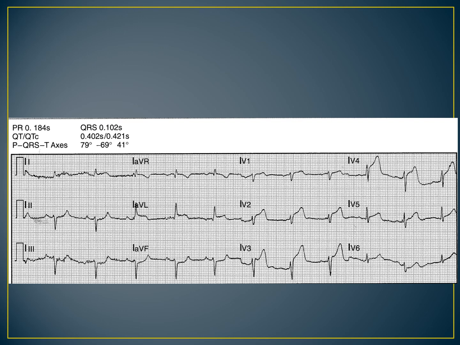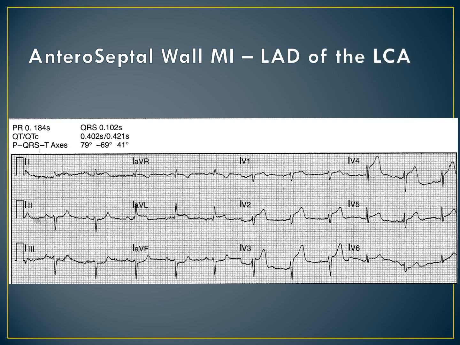Alright, here's the last one. Where is your MI? If you said anterior-septal, you are correct. What artery is occluded? If you said the left anterior descending of the left coronary artery, you are correct.